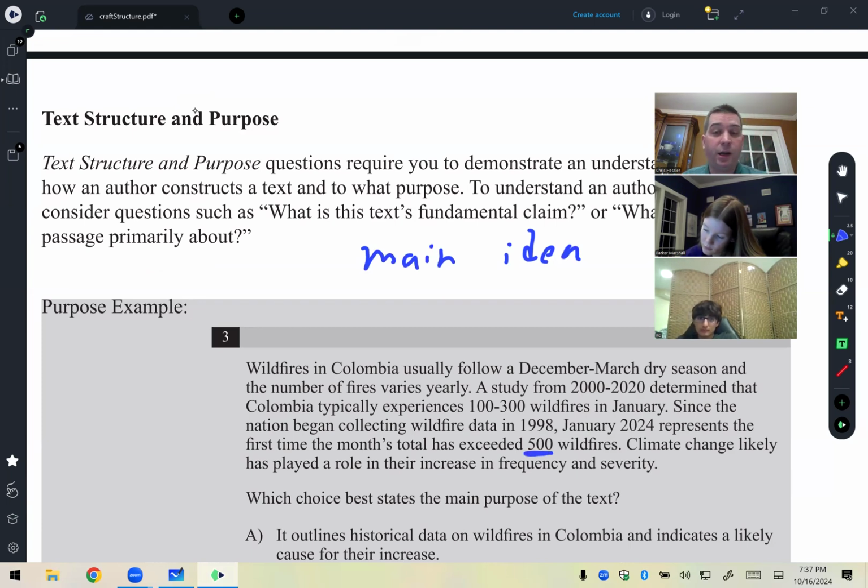So this sounds like it's greater than what is typical. Climate change likely has played a role in their increase in frequency and severity. Okay, so they're saying that they increased in January 2024, and they also provide a likely reason. They're saying this is probably climate change.